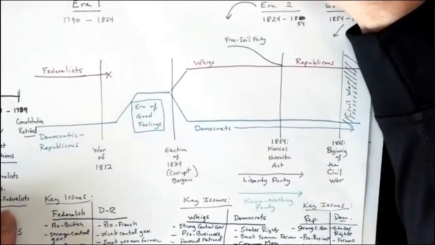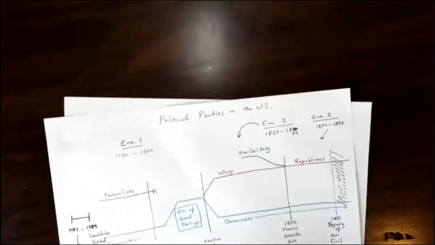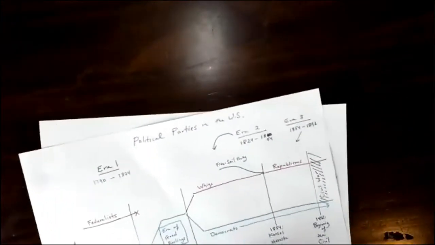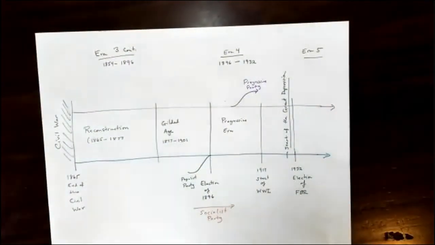So what we're going to do is move over to our second part of this. And what I want you to do is take some notes. Take the next sheet out.